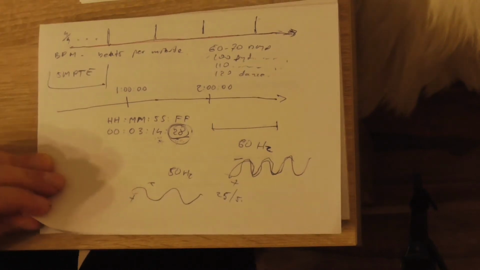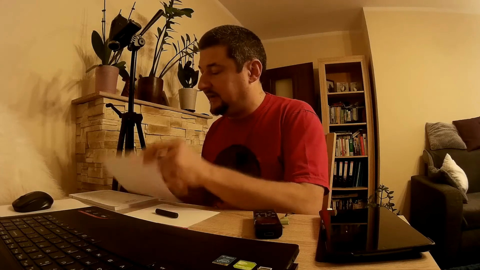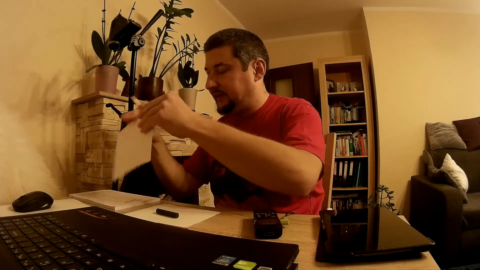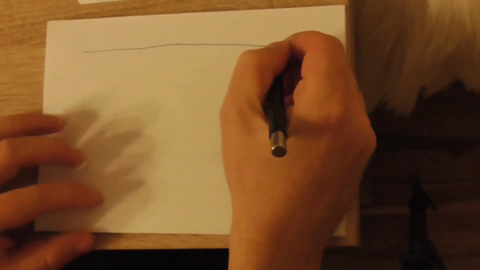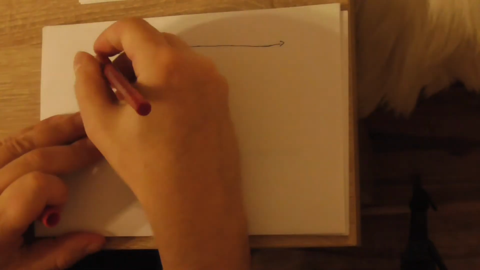So what are we going to do with this? If we know how one frame acts, let's say we've got another timeline. That's our timeline again, and say we have a loop here.